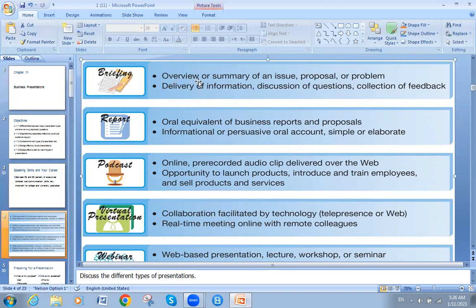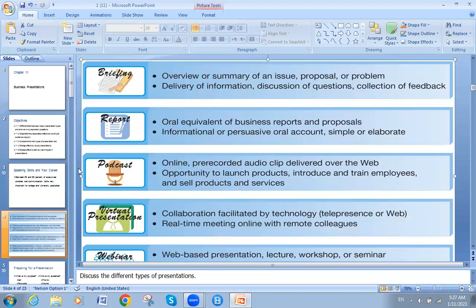It includes discussion of a question or collection of feedback, which is also considered briefing. For example, if you are doing a questionnaire, or checking that the workers understand the core of the problem and you want feedback about its reasons, then in this case you will do a briefing report.